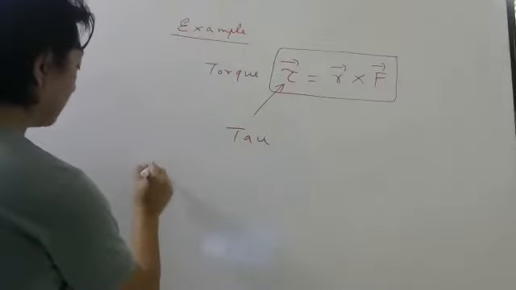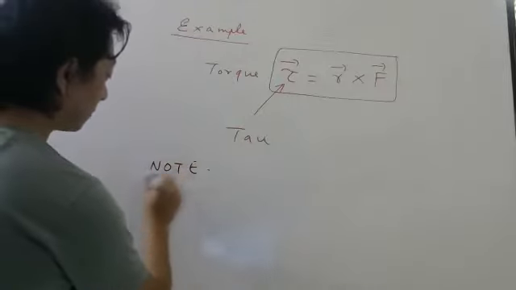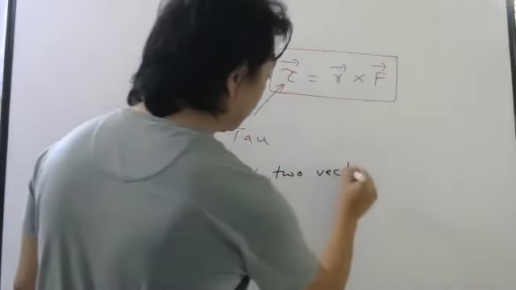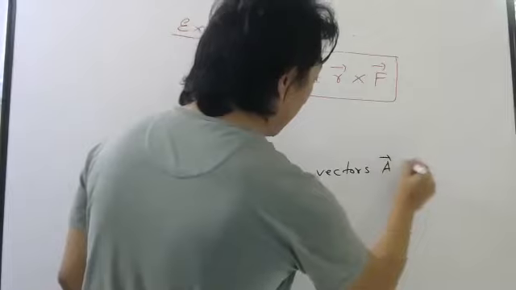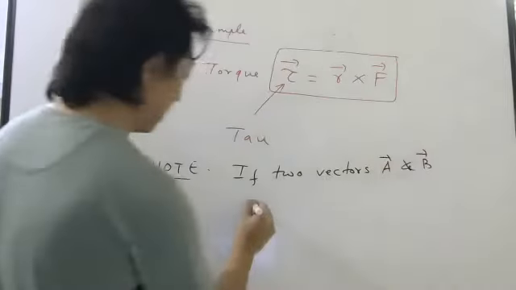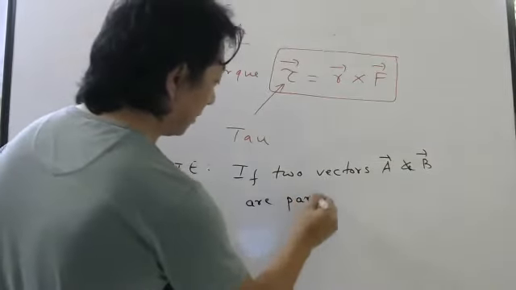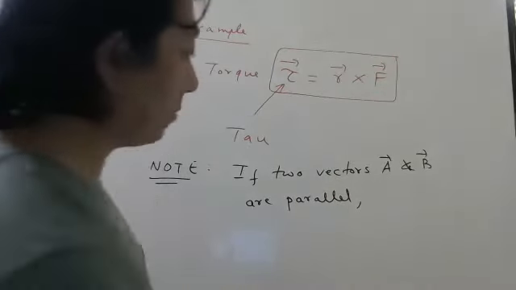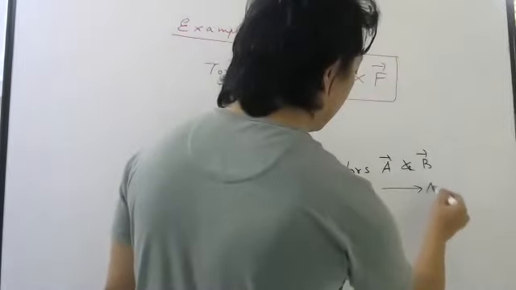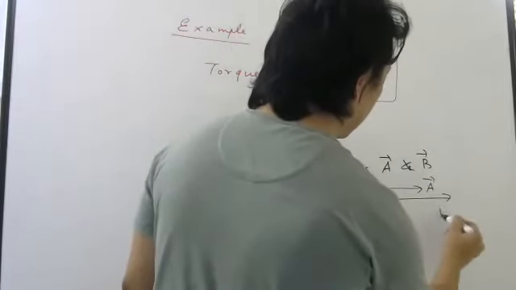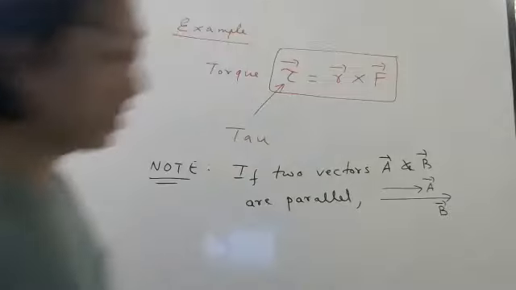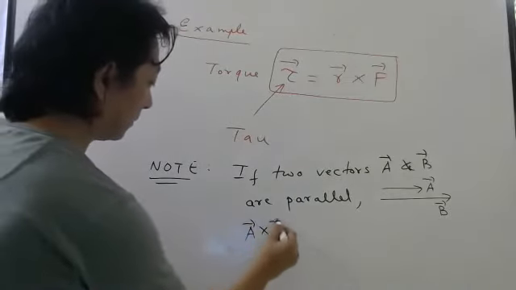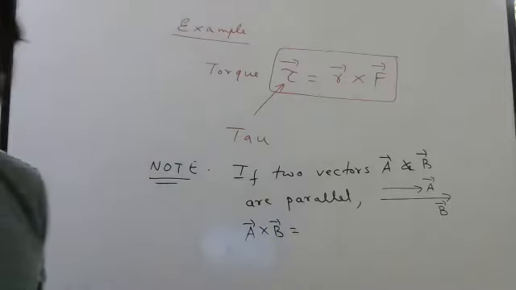Now tell me, important note: if two vectors A bar and B bar are parallel, like this, what will be the cross product?